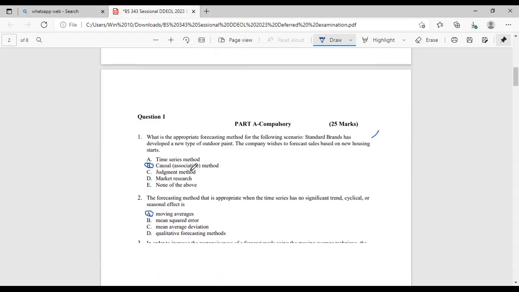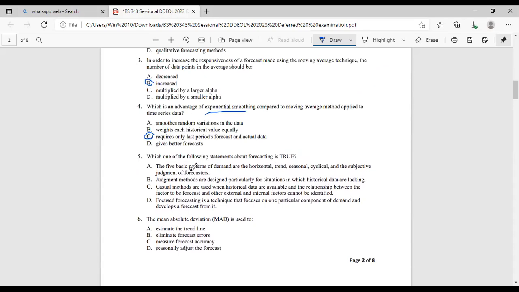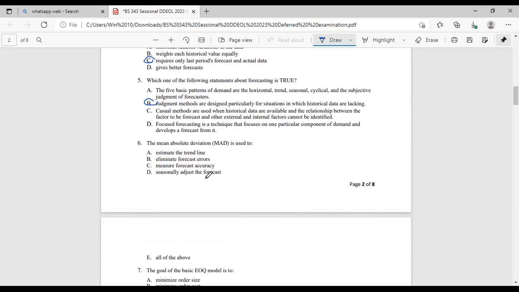And then getting down to the other one, which of the following statements about forecasting is true? The answer is B. The judgment methods are designed particularly for situations in which historical data are lacking.